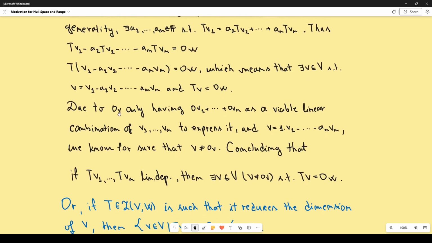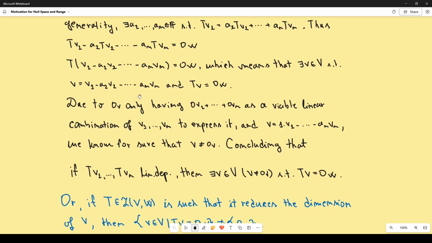Now, due to the zero vector, the real zero vector, only having one valid unique representation as a linear combination of some basis vectors, in our case these vectors over here, the trivial one, we know that v is definitely not the zero vector. For example, we have here 1 is different from 0, so this is some linear combination and not all of the scalars are 0, so this v has no way of being 0.